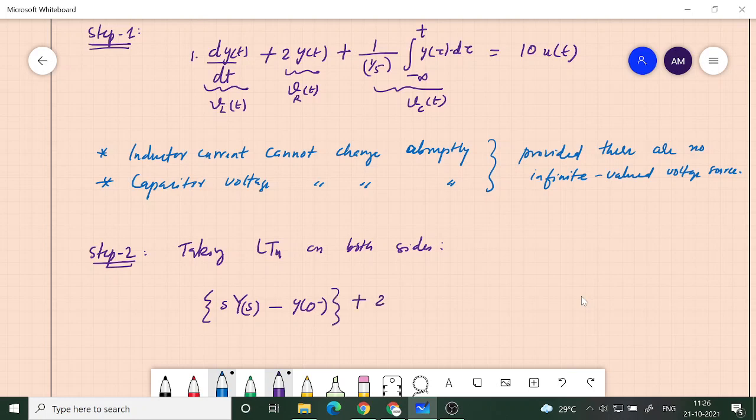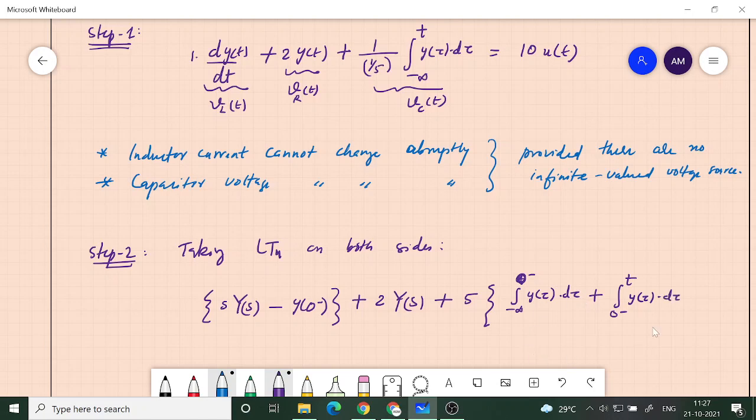Then next 2 into y of s plus 5 into 2 terms. I can split it: integral from minus infinity to 0 minus of y of tau d tau plus integral from 0 minus to t of y of tau d tau.